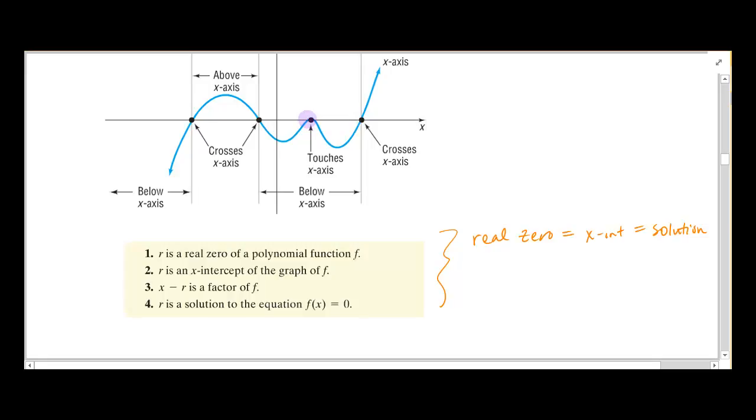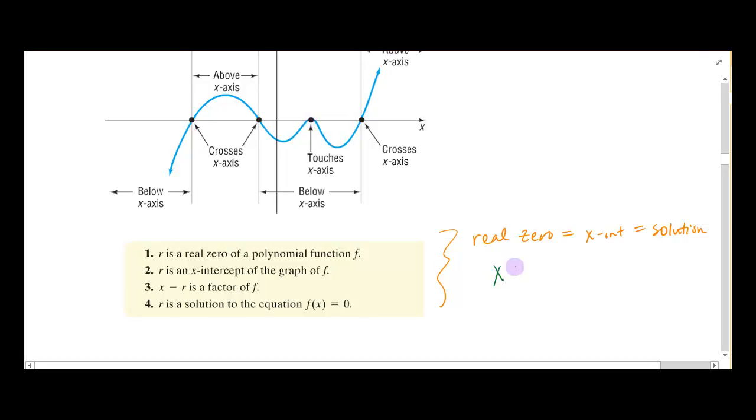Now let's say we solved some polynomial, we found that it is going to cross, or we have an x-intercept at x is equal to 3. When we write that in its factored form, it takes this shape right here. In other words, if I know x is equal to 3, when I write it as x minus 3, that's what it looks like in its factored form.